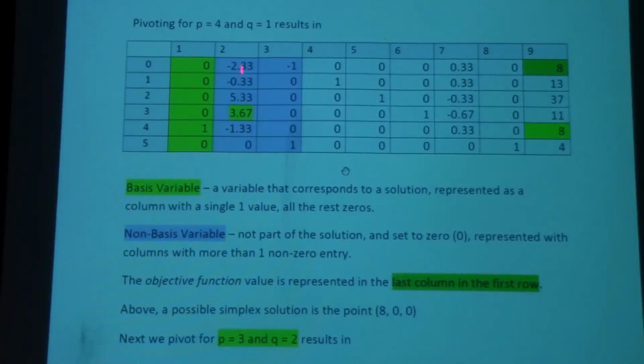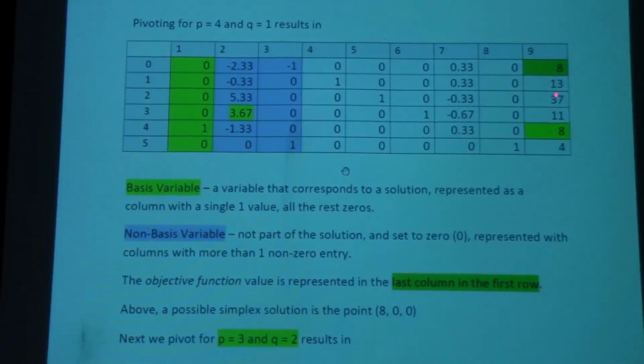So therefore, x2 and x3 are not basis. y1, y2, y3, and y5 are in the basis, but we don't care about them. Only when a variable is in the basis do we look at its value. As long as it's in a non-basis, we don't care about its value.